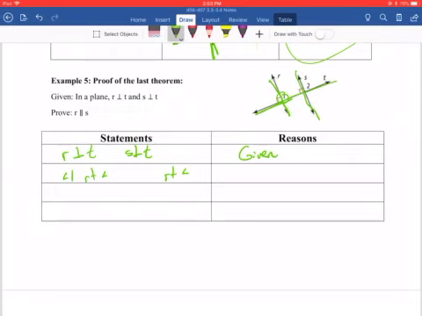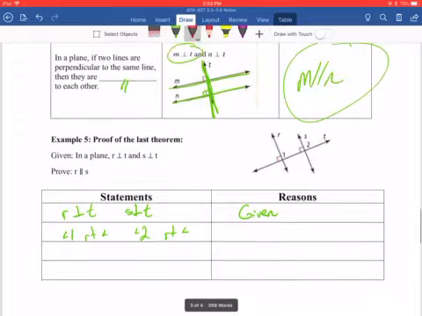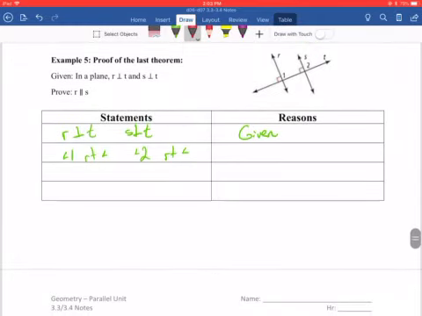T to S makes what, a 90, or right angle? Angle 2. Why can I say this? What's my reason? We're not going to use this theorem because we're proving this theorem.